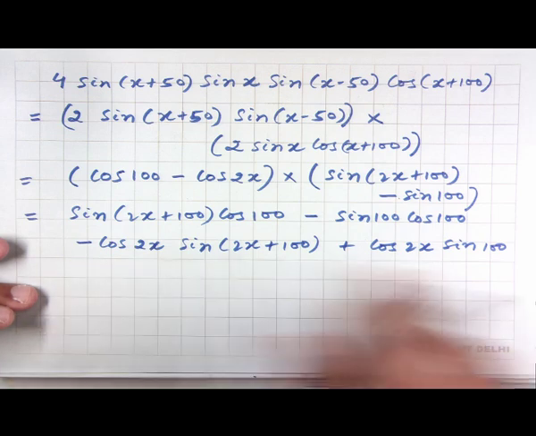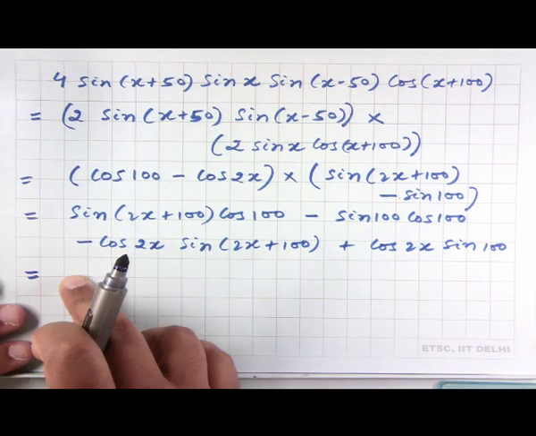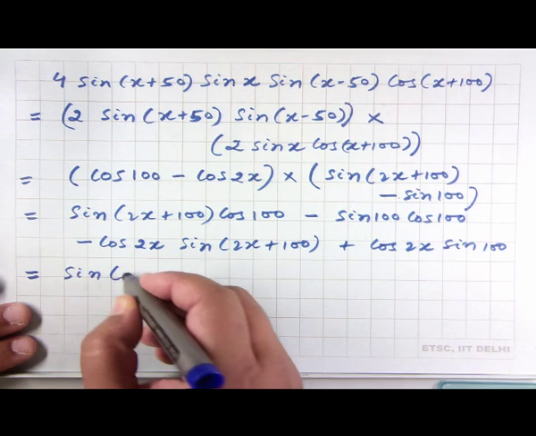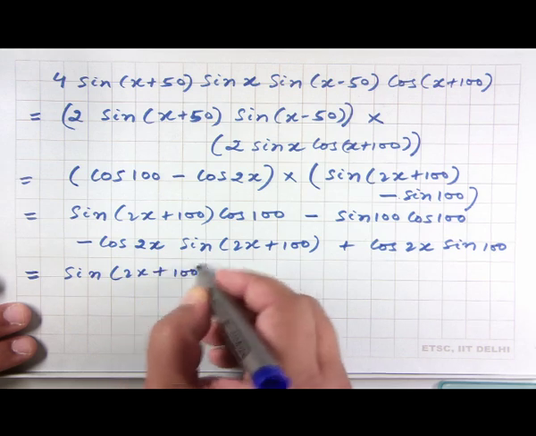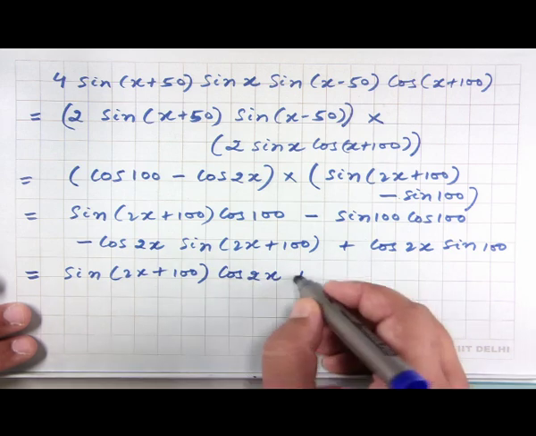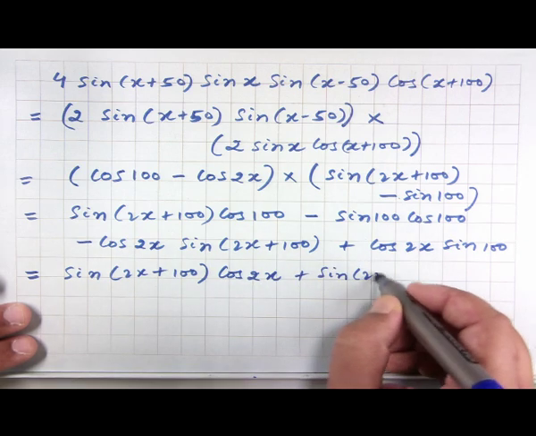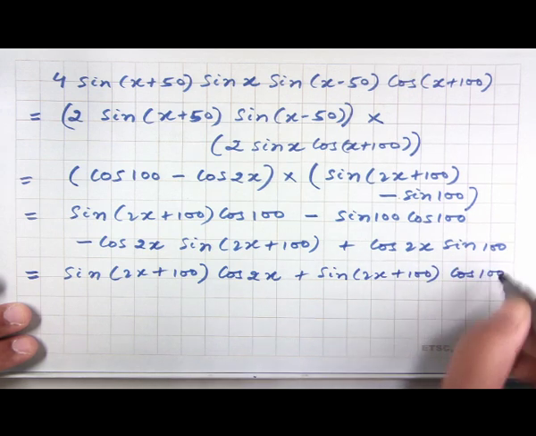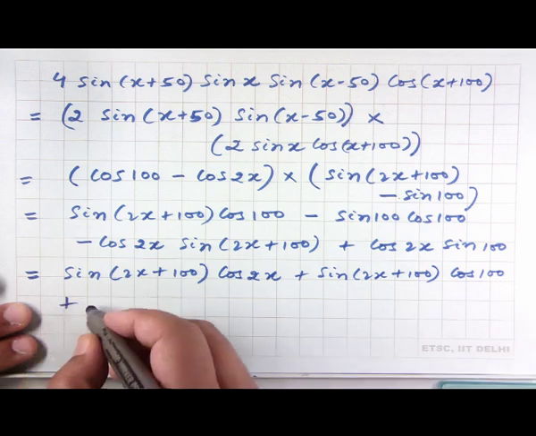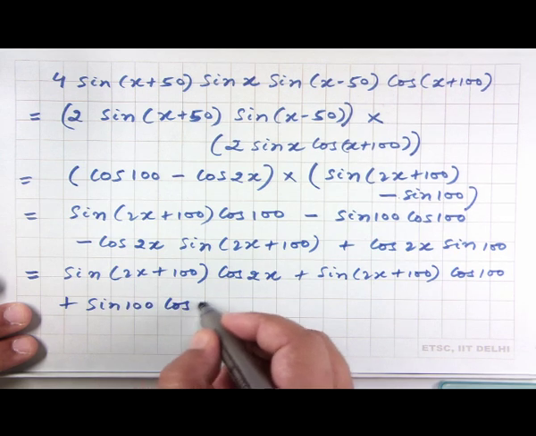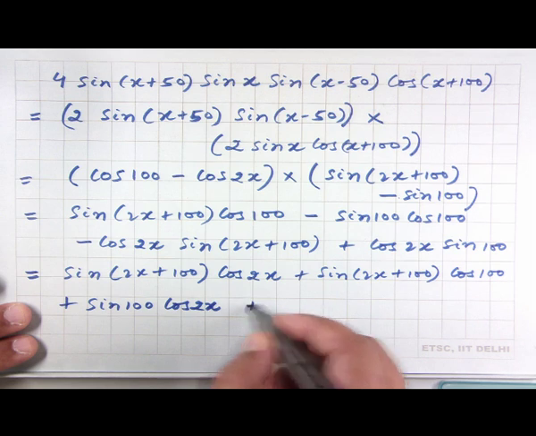So this is the right hand side and this is equal to the left hand side, which is sin of 2x plus 100 times cos of 2x plus sin of 2x plus 100 times cos of 100 plus sin of 100 times cos 2x plus sin 100 cos 100.